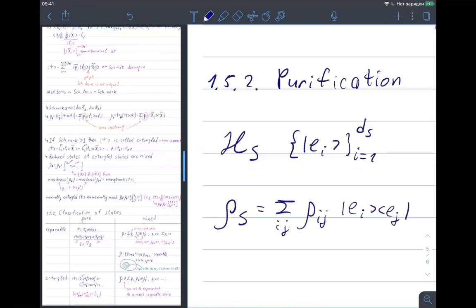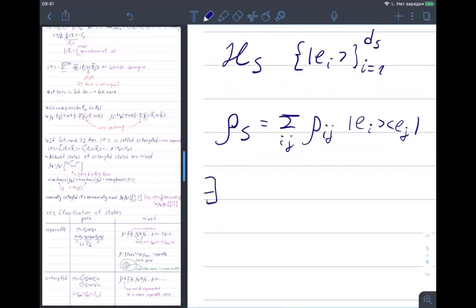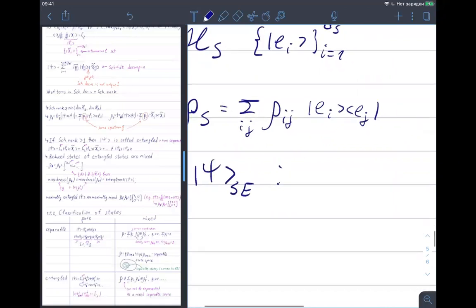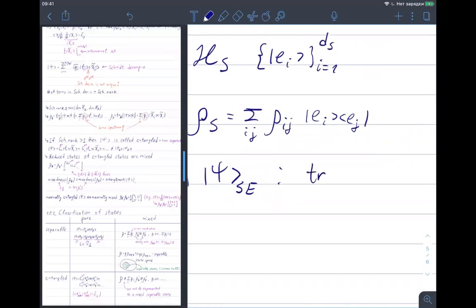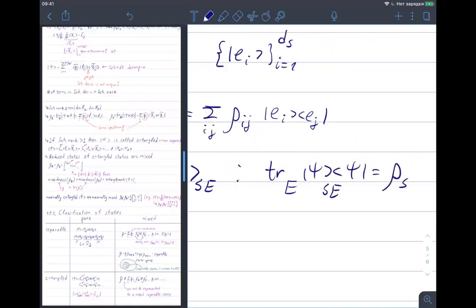What I claim is that for every such density matrix, there exists at least one, actually an infinite number of, states psi_SE such that the trace over E of this psi_SE gives me rho_S.